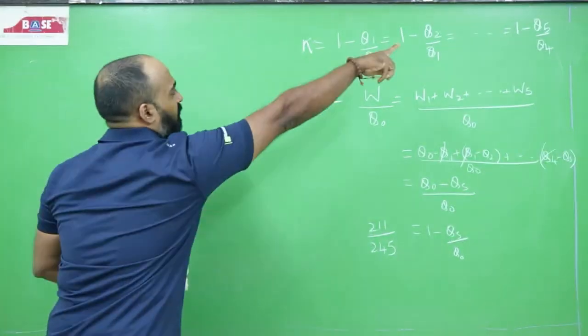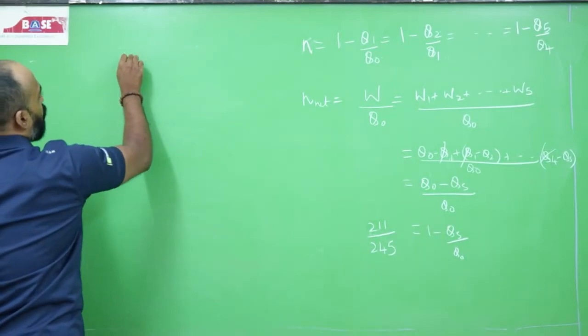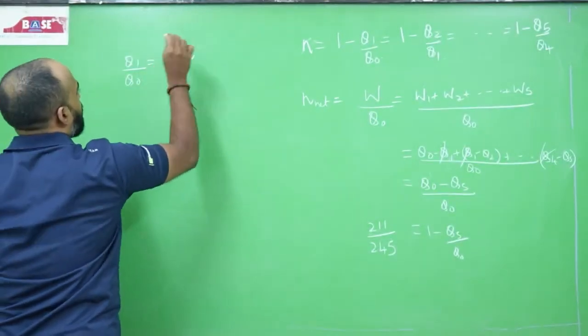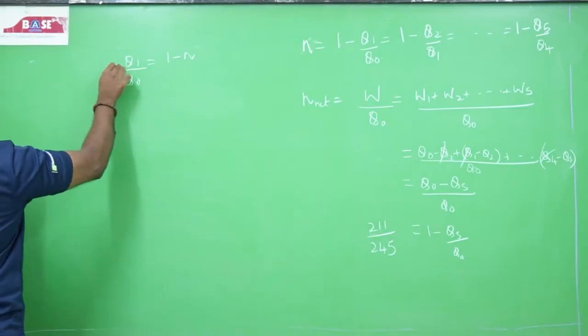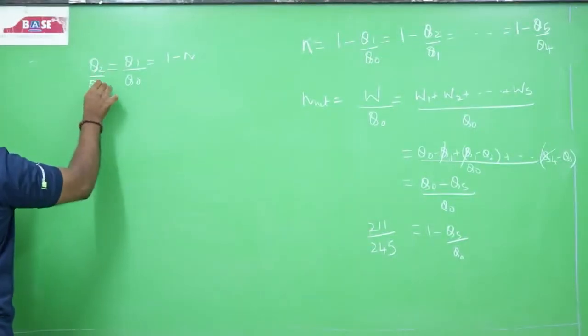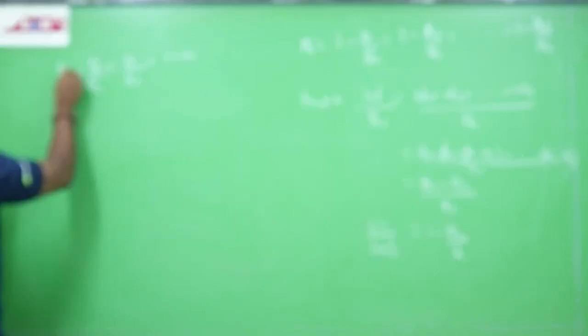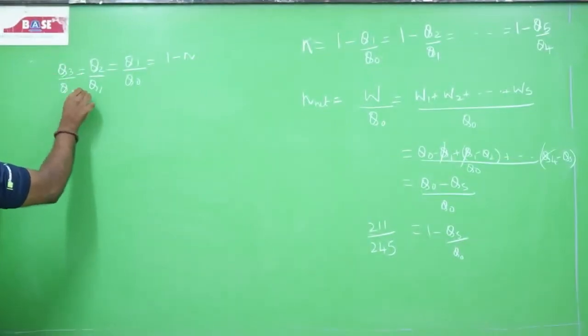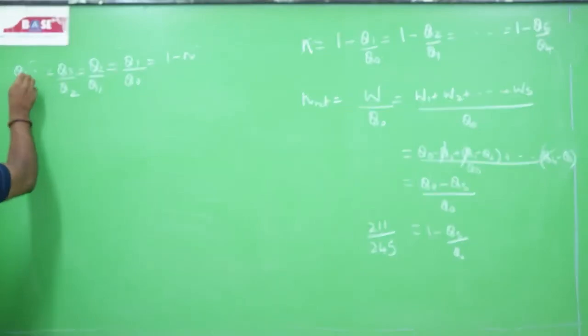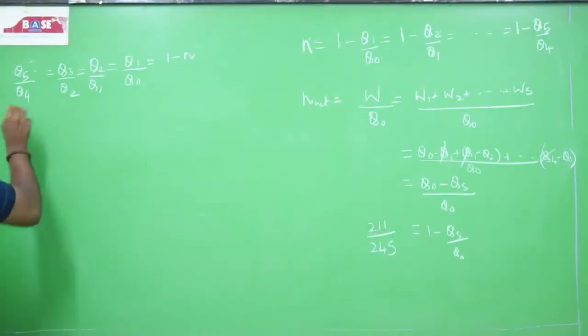But to get an expression for Q5 by Q0, just notice that from the first one, you can write Q1 by Q0 is 1 minus eta, and this is also Q2 by Q1, Q3 by Q2, so on up to Q5 by Q4.